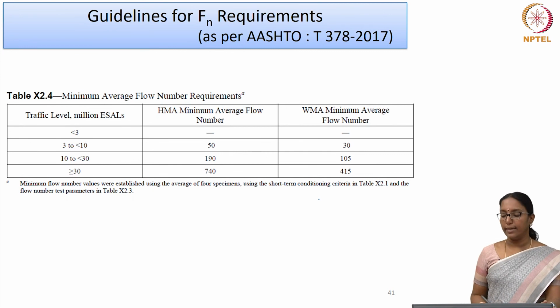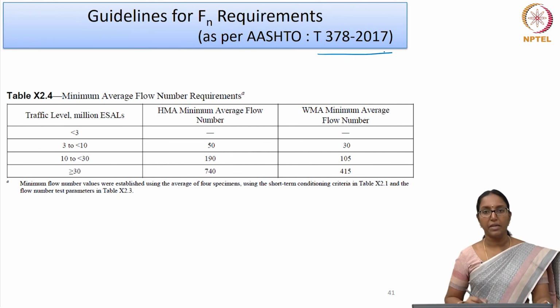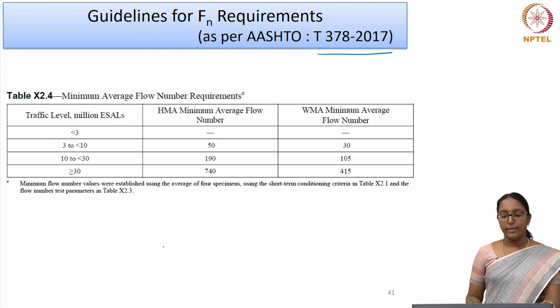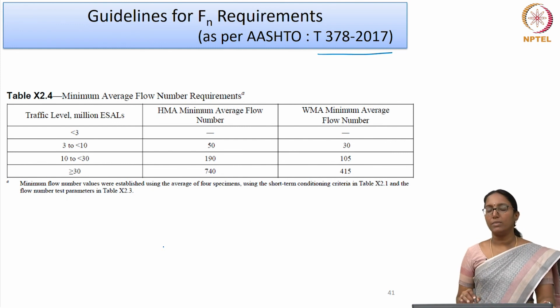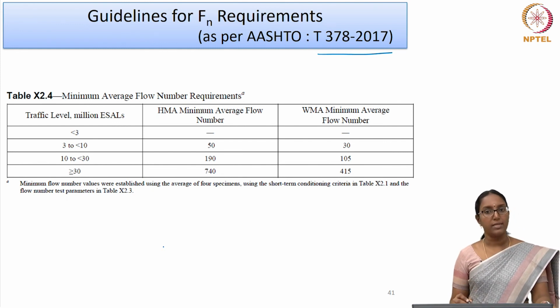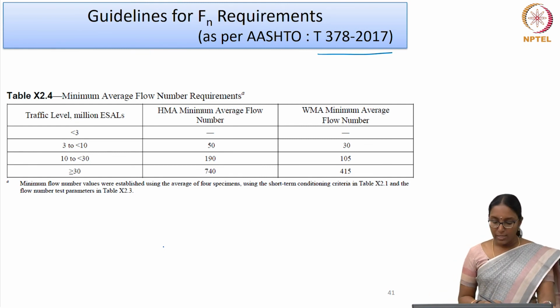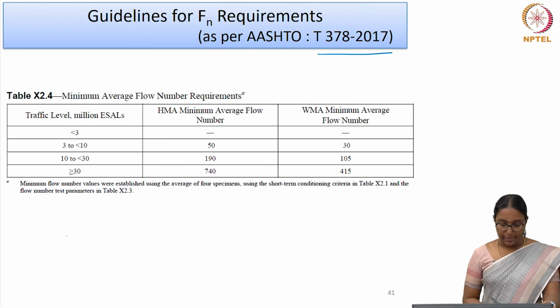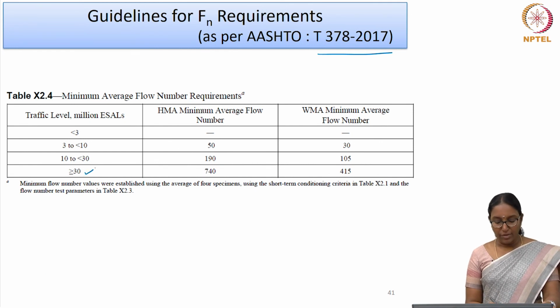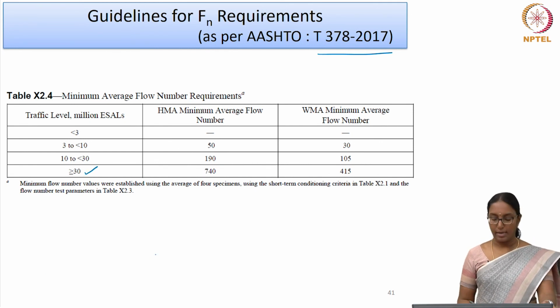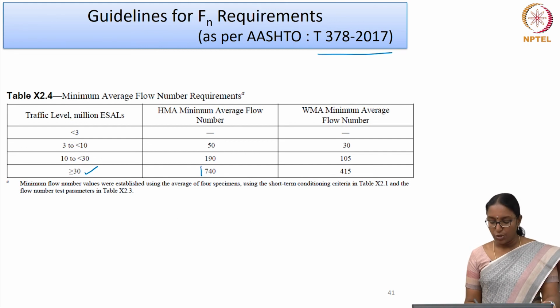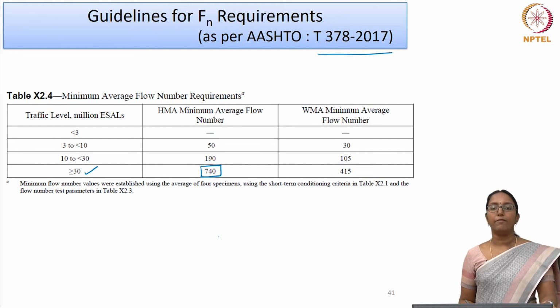But now, in the latest guidelines as per AASHTO T378 2017, the average flow number requirements are provided, whereas the flow time test is not recommended in the latest guidelines, as I mentioned. So, as per the new revised guidelines, if the traffic is more than 30 MSA, 740 is the average flow number.